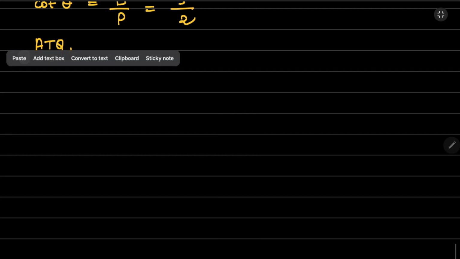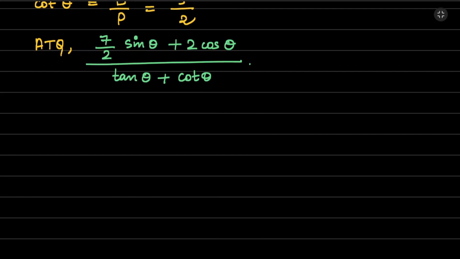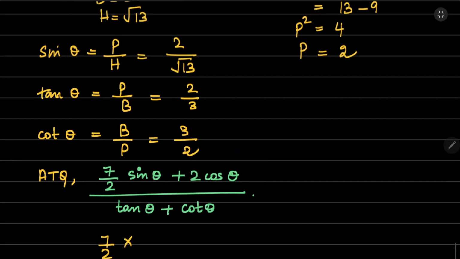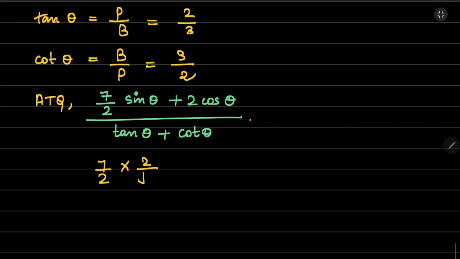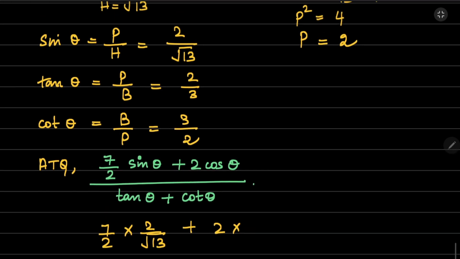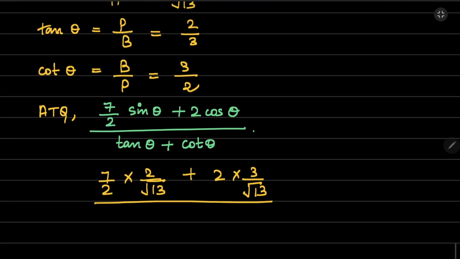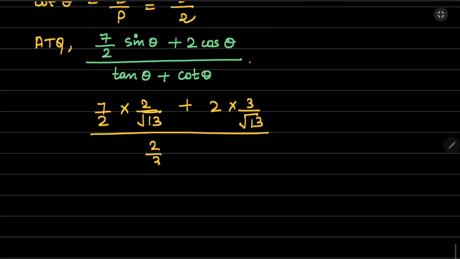This is equal to 7 by 2 multiplied by sine theta, which is 2 by root 13, plus 2 multiplied by cos theta, which is 3 by root 13, the whole divided by tan plus cot, which is 2 by 3 plus 3 by 2. Right? So here 2 and 2 will get cancelled.